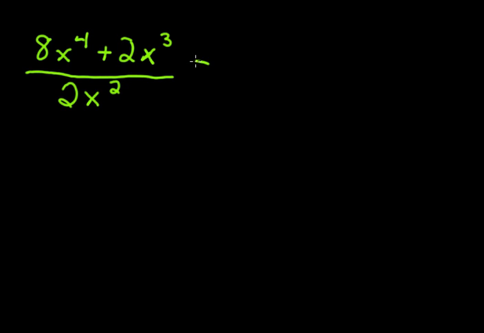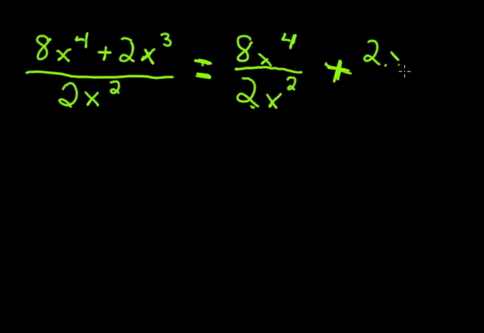So this, going backwards from a common denominator, is equal to 8x to the fourth over 2x squared plus 2x cubed over 2x squared.